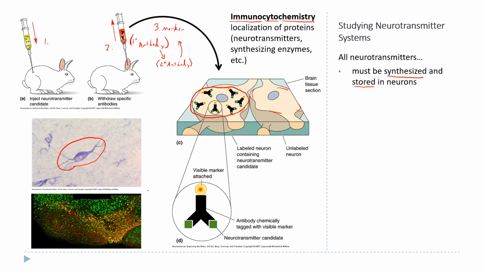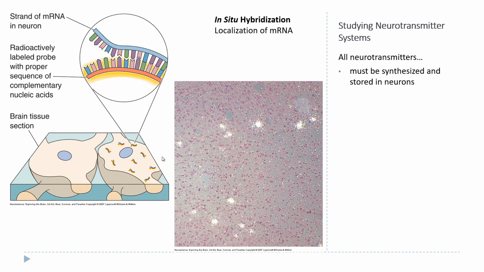Some proteins may only be found, let's say, in the axon or in the dendrites or at the presynaptic terminal. But in any case, you can directly see them in the cell, and so you can find not only which cells contain your protein, but where they are in the brain or in other tissues.